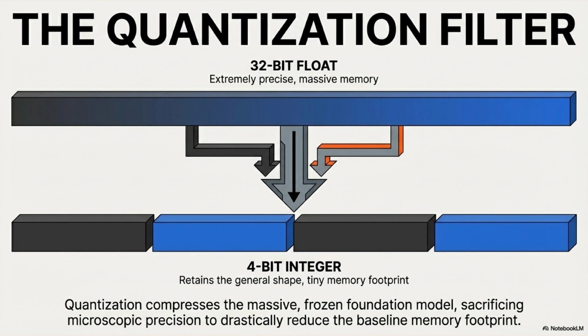Going from 32-bit float to 4-bit integer compresses the model to roughly 1/8 its original size in memory. A 70 billion parameter model that would require 280 gigabytes in 32-bit format now fits in roughly 35 gigabytes in 4-bit. And critically, as we're about to see, when you combine 4-bit quantization of the frozen base model with LoRA adapters trained at higher precision on top, you get something extraordinary: QLoRA.